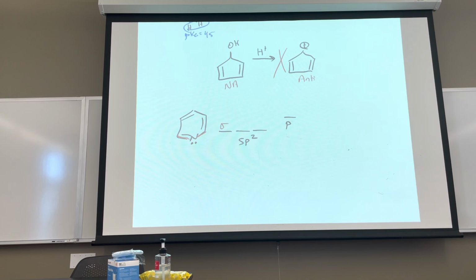Again, sigma bonds can only be made with hybrid orbitals, so that takes up a second. It's making a pi bond also to that carbon. Well, pi bonds can only be made with p orbitals. So the pi bond is taking up that one. Well, that only leaves one more spot. So that tells us that the lone pair in this case has to be occupying that remaining orbital.